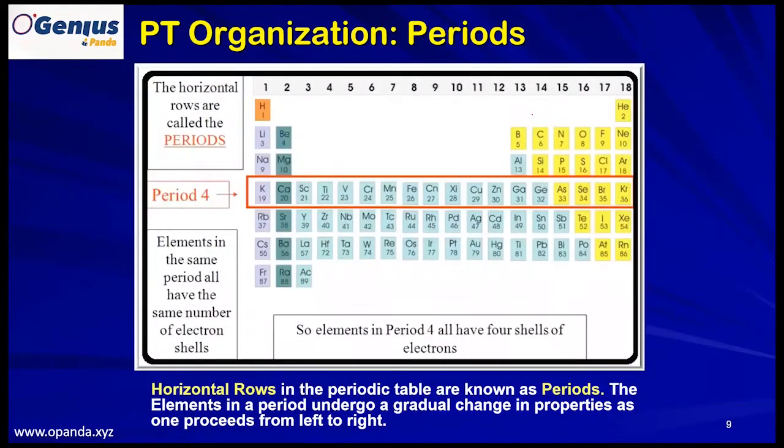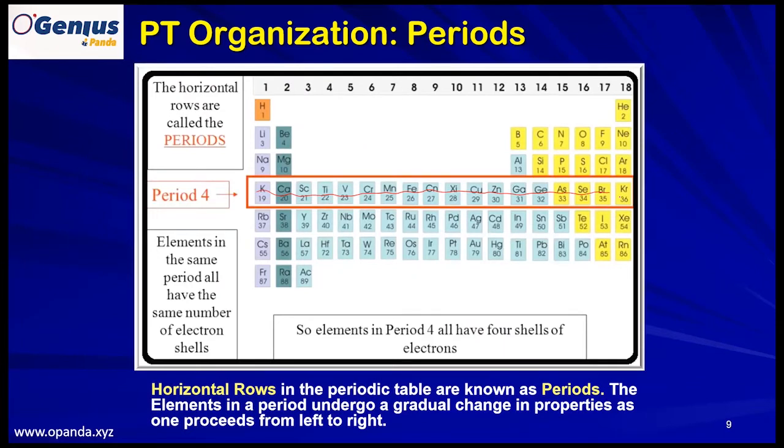We can also classify elements in periods. You can see we have an example of a period here. It is highlighted. It is any horizontal row. A horizontal row contains elements which have the same number of electronic shells, the same number of energy levels.